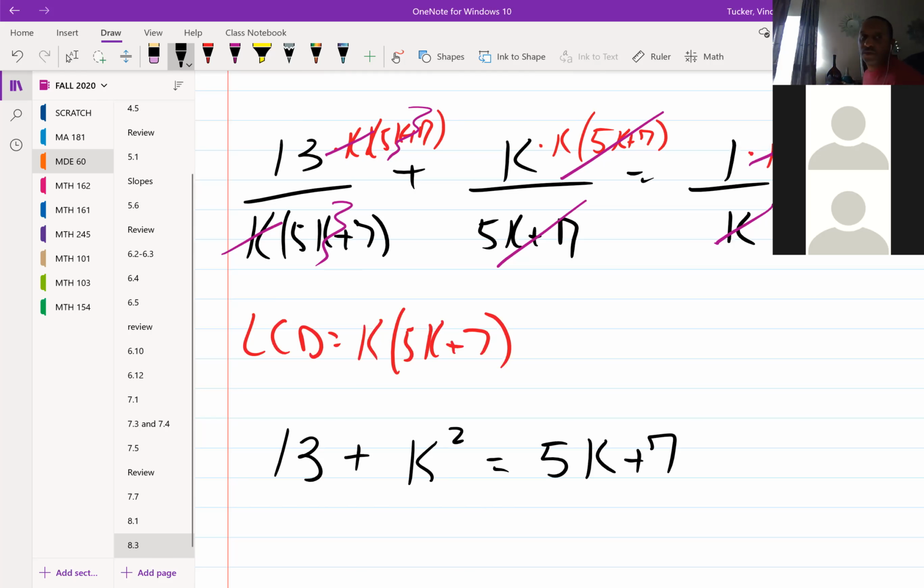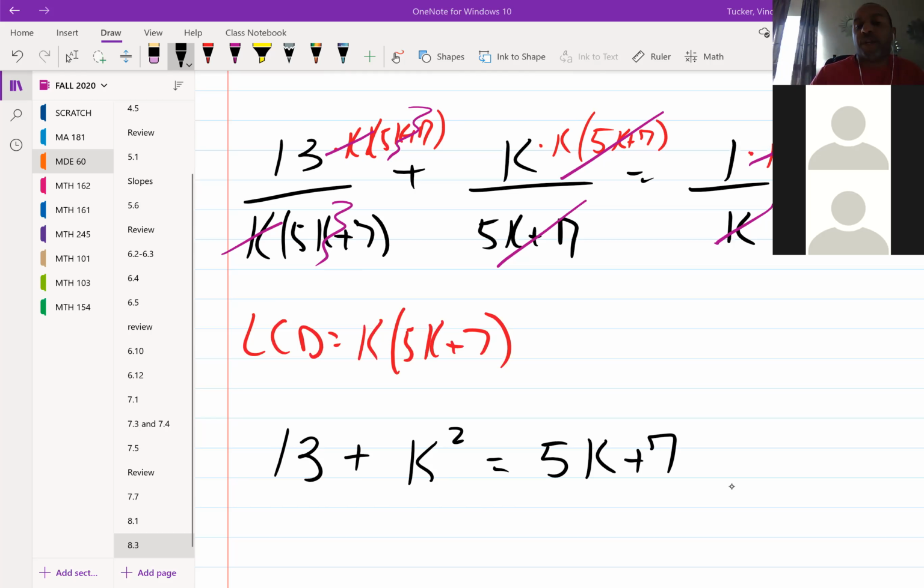So 13 plus k to the second. Wait, hold on. The k cancels out with the 5k plus 7. That only leaves me k to the second. Equals, that 1 needs to be multiplied to that k, so I'm still going to come out with k(5k plus 7).